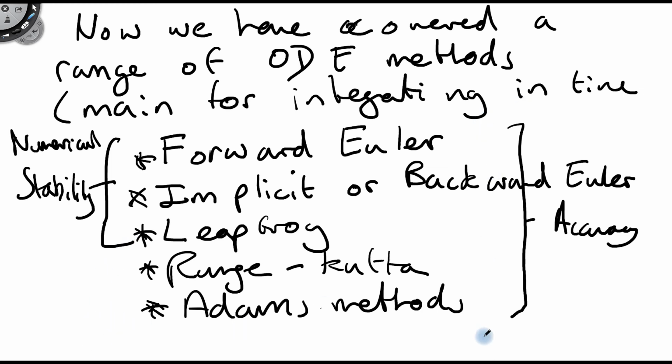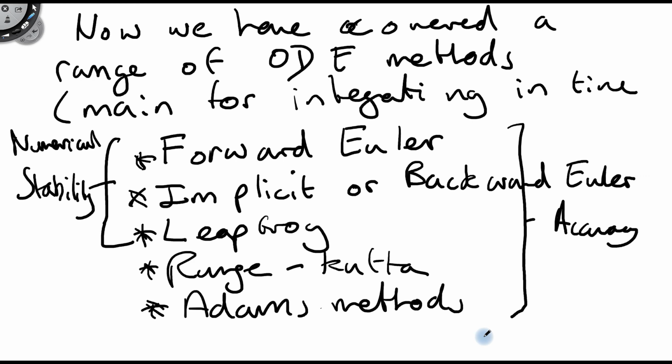And then we've got the accuracy of all those. So that's quite comprehensive. Given an ordinary differential equation that you won't be able to solve analytically, you've now got some methods for time stepping it, and you should have a much deeper understanding of their stability and accuracy.